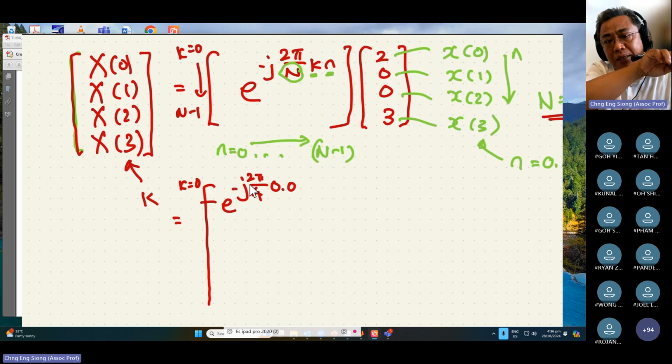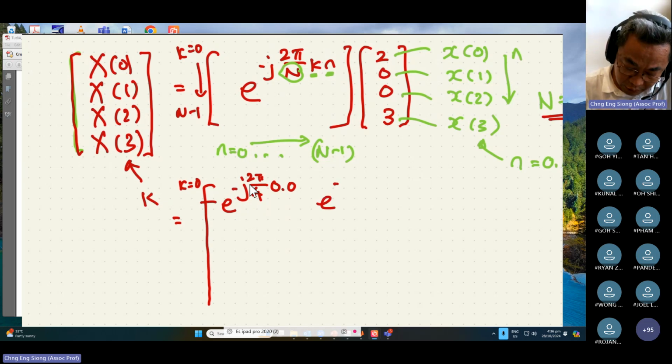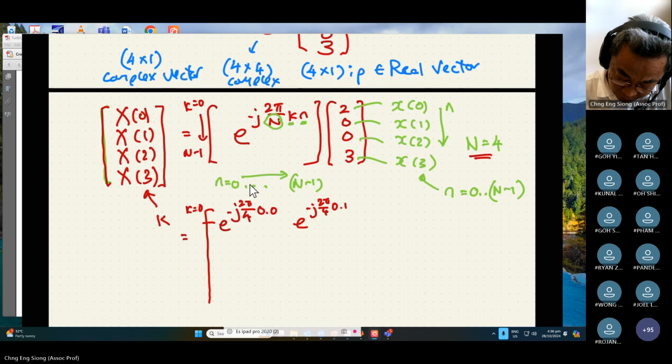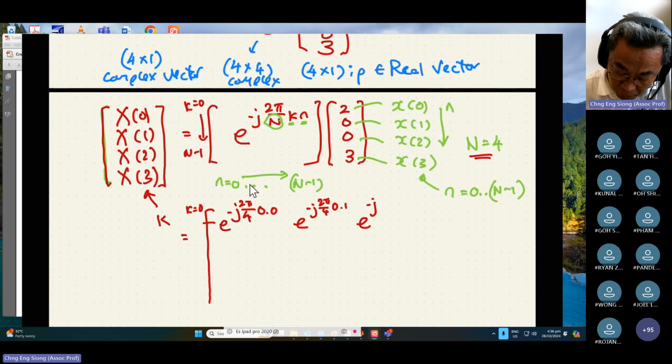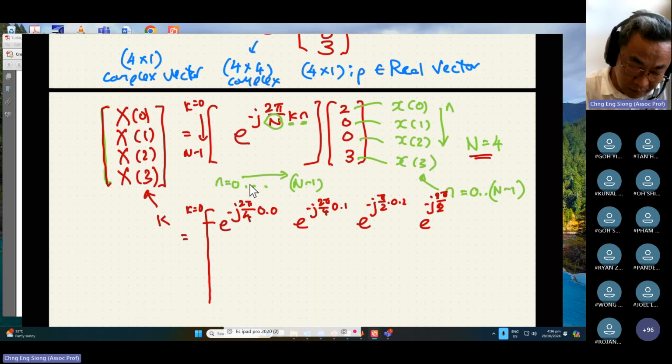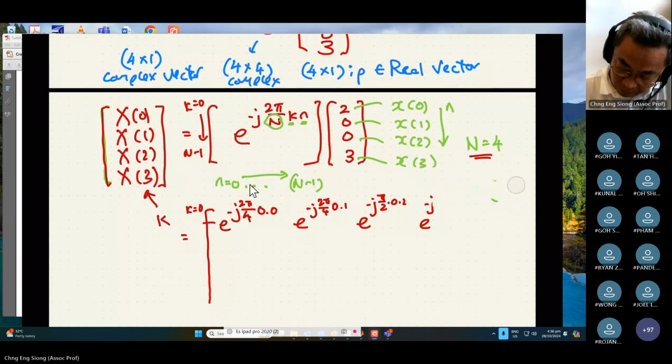So let's complete the entire first row first. e to the minus j 2 pi over 4, k is 0, n is 1. e to the minus j 2 pi over 4, k is still 0, n is 2. The last one, e to the minus j 2 pi over 4, 0, 3.